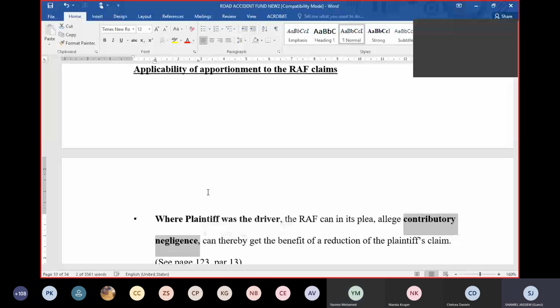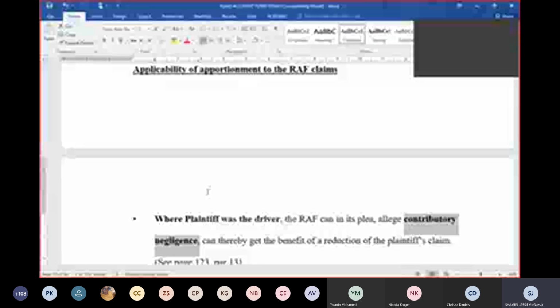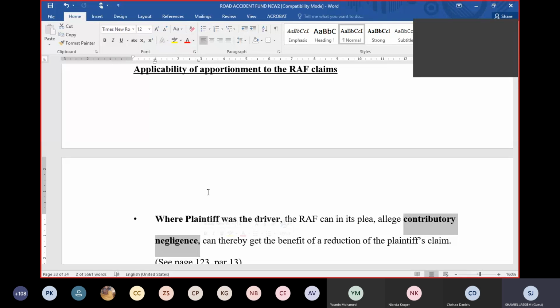It's a paragraph. If you get your notes, it's a paragraph where you allege that the plaintiff, let's answer you from the back. It's a paragraph in a plea where the defendant, the RAF, will allege that the plaintiff also failed to keep a proper lookout and that he failed to stop at the four-way intersection, and that he was also negligent, and based on his actions, you're requesting that the court apportion his claim according to his degree of negligence.